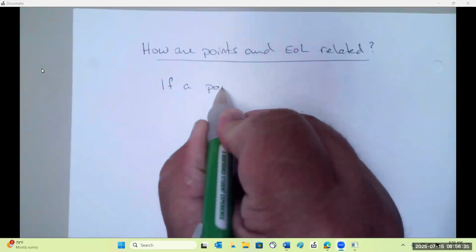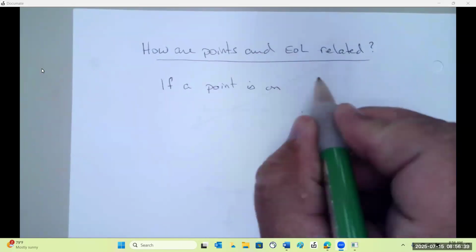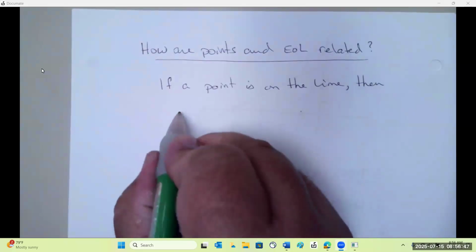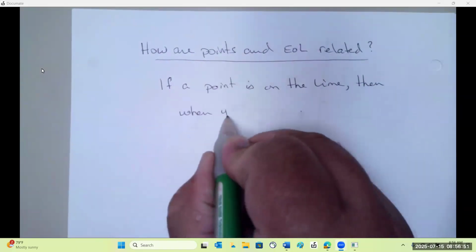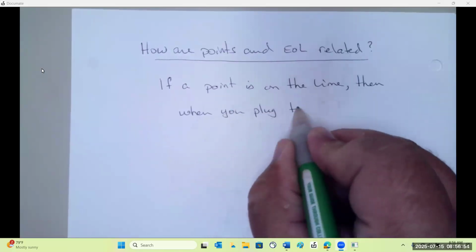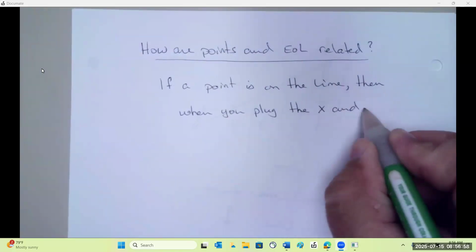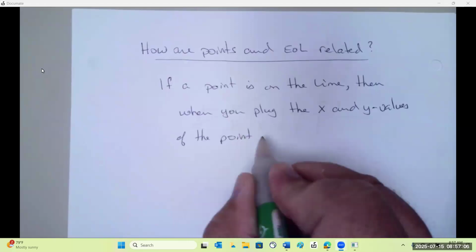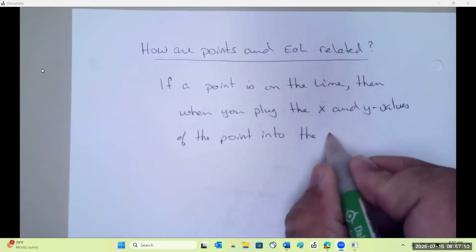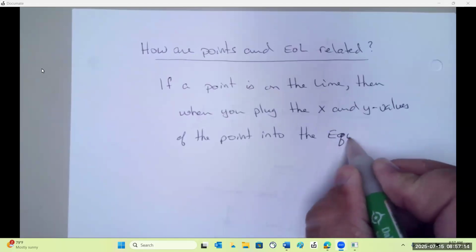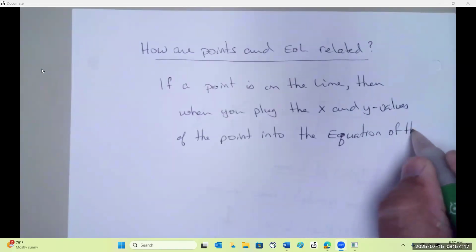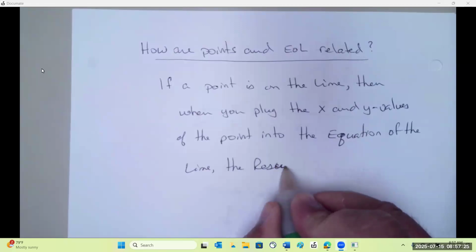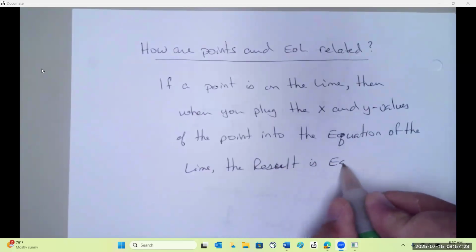If a point is on the line, then when you plug the x and y values of the point into the equation of the line, the result is equal.